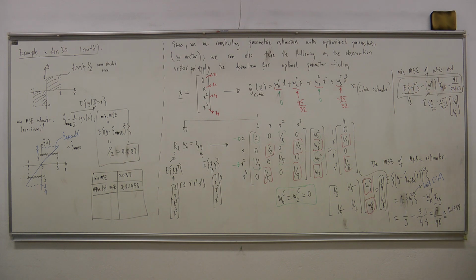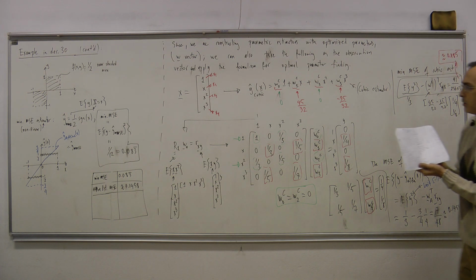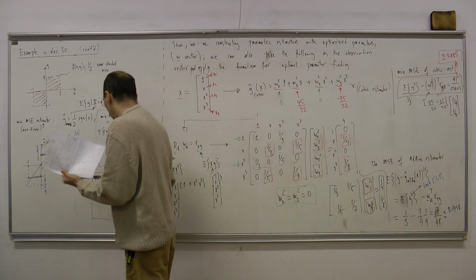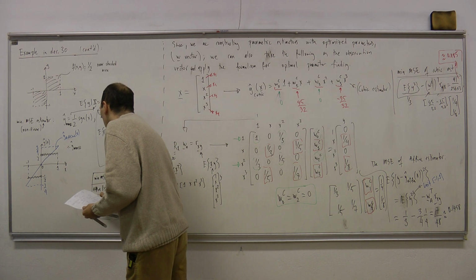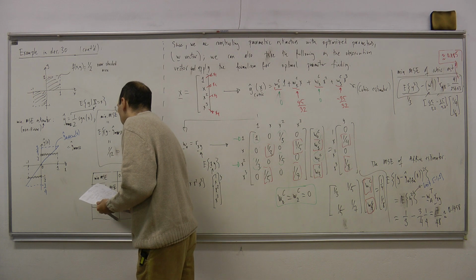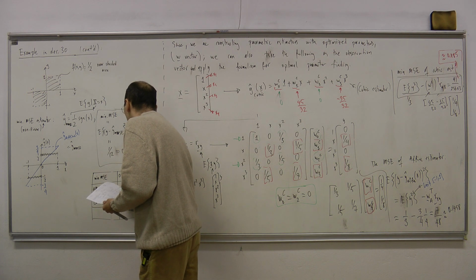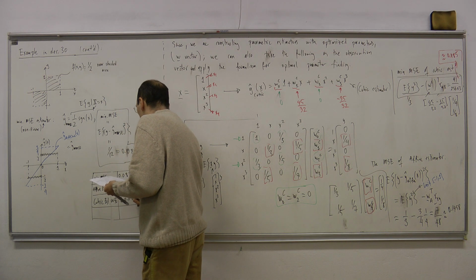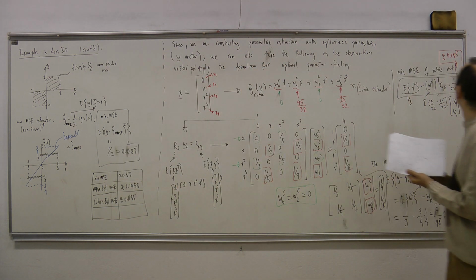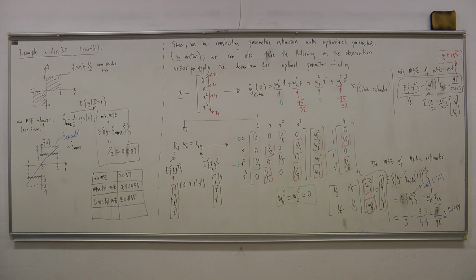But this is approximately equal to 0.1185. So now I have a new MSE for the cubic estimator. I have achieved something like that.